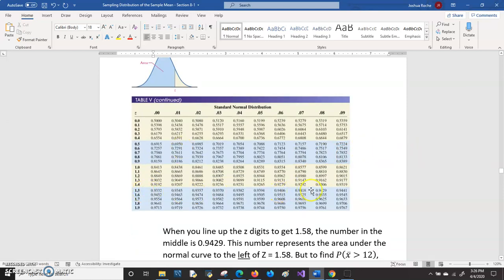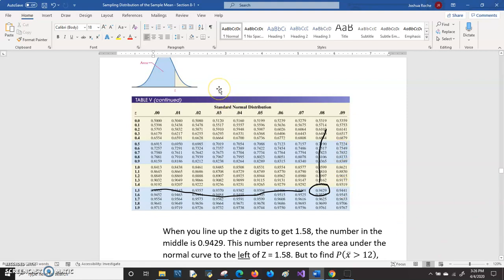Here's 1.5, here's the 8, looks like it's about here. 1.5 and then the 8, 0.9429.